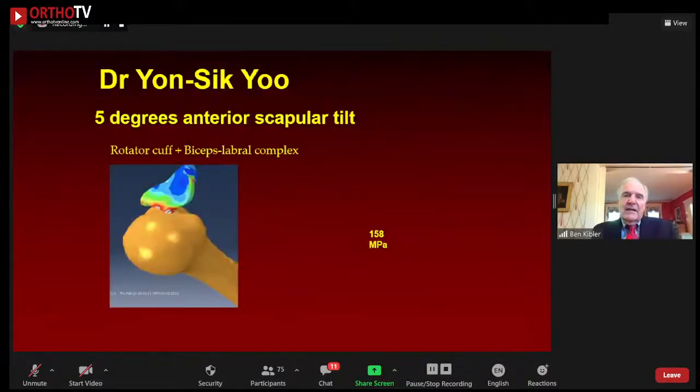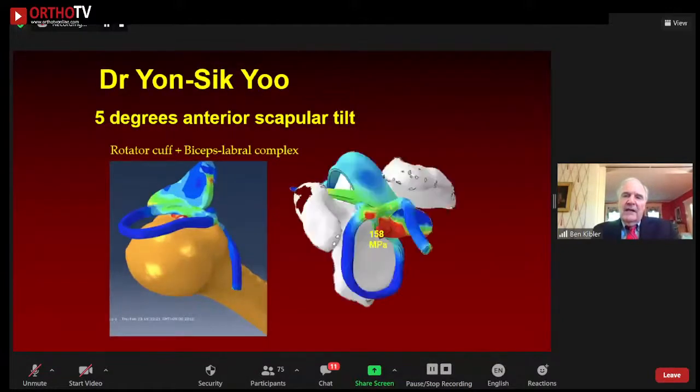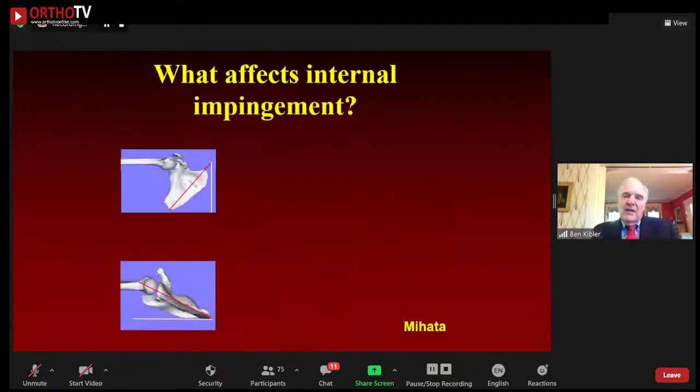We do know from previous data that anterior scapular tilt increases the forces on the base of the labrum and on the rotator cuff by quite a bit, by 30 or 40%. So very definitely, just removing that anterior tilt will decrease the symptoms and the compression.